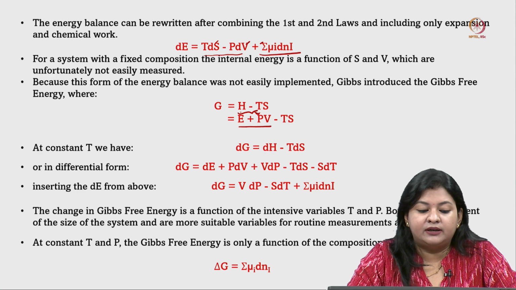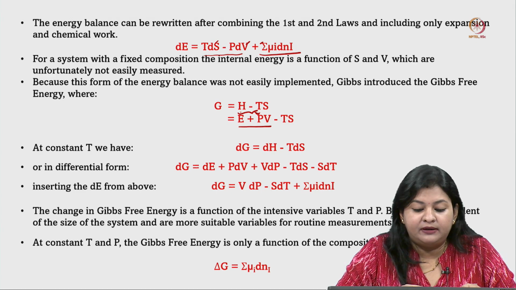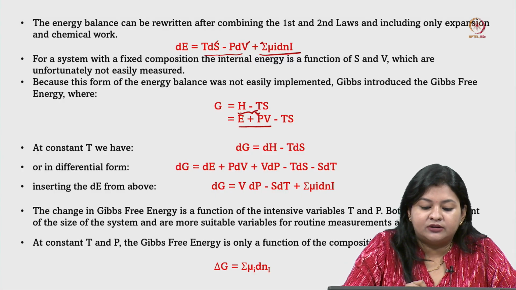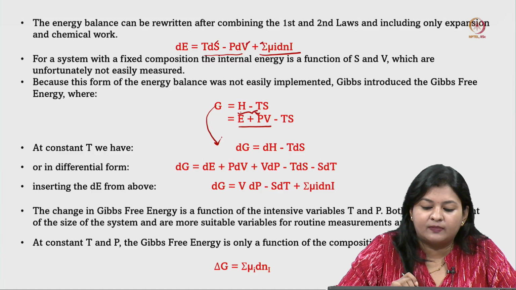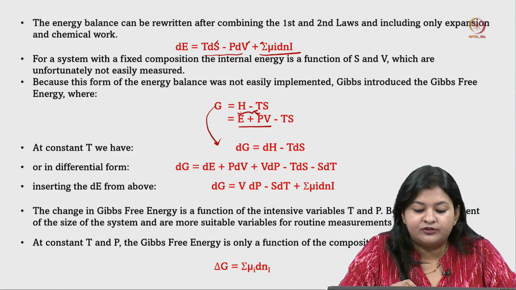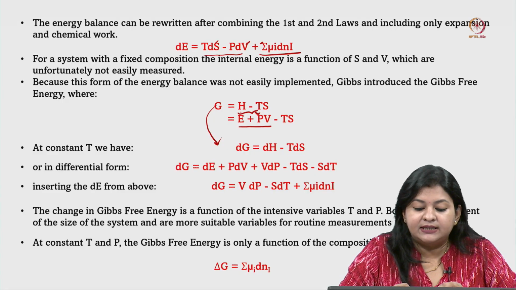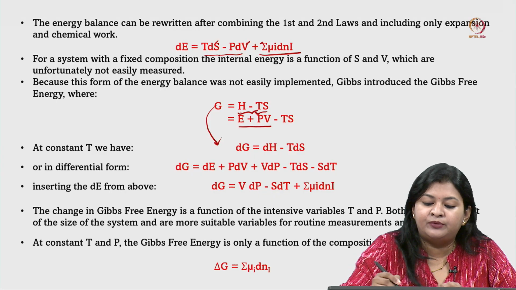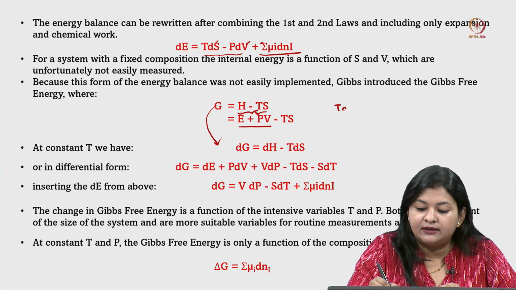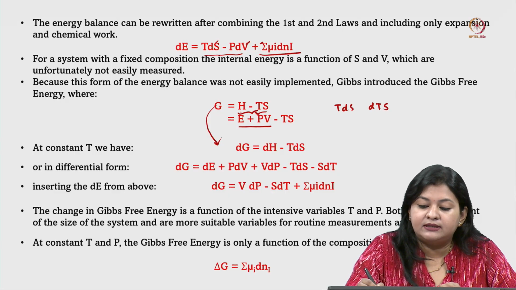Now, at a constant temperature, what will happen if we differentiate this equation? At constant temperature, dG, a small change in G, is equal to a small change in enthalpy minus T dS. This would actually break down to T dS and also dT into S, but since the temperature is constant, we do not have this term.